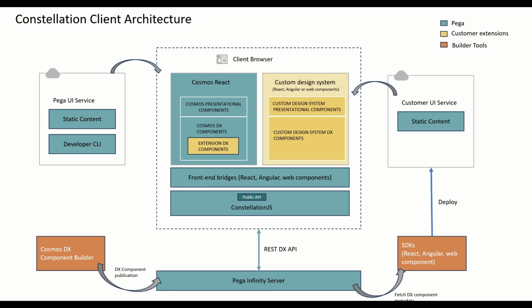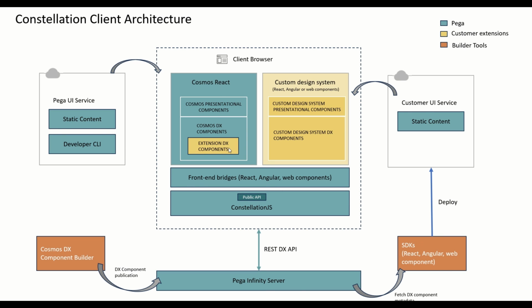All in all, to summarize, we have gone through the context setting, like what we have done in session 1 about the application creation and the case type, and then we quickly touched base on the use case of how the portal looks like, the Constellation portal, and we briefly discussed Constellation client architecture, and within that we have seen the demo as well. But as of now, the architecture we covered to an extent where we are leveraging everything from Pega Cosmos React, Pega Cosmos design system itself.